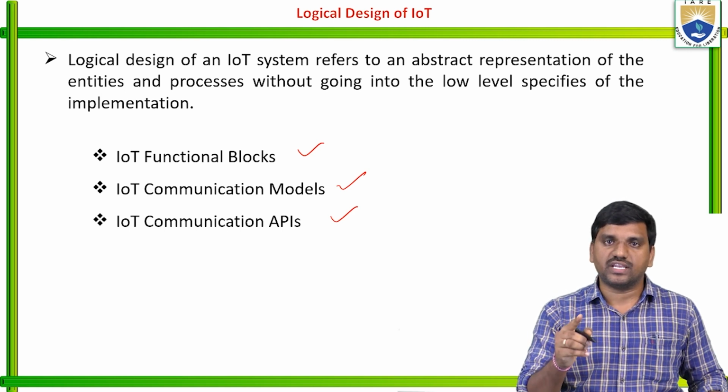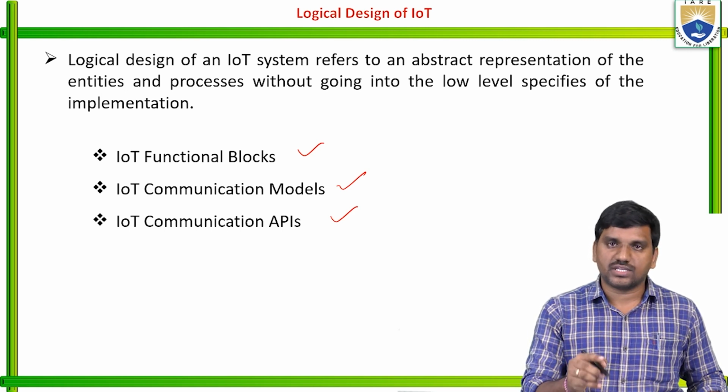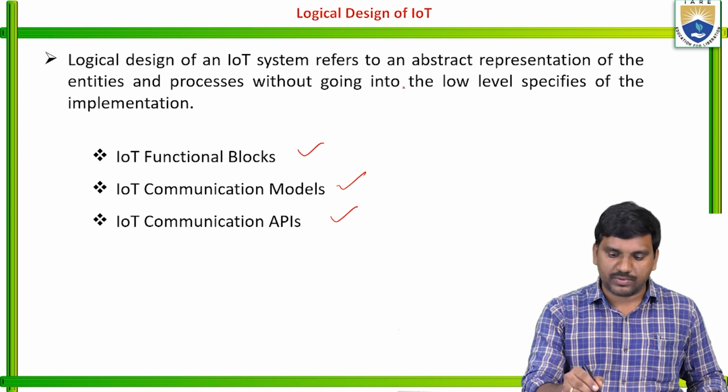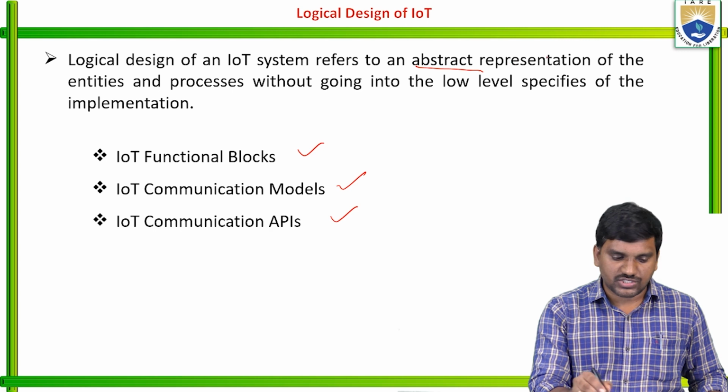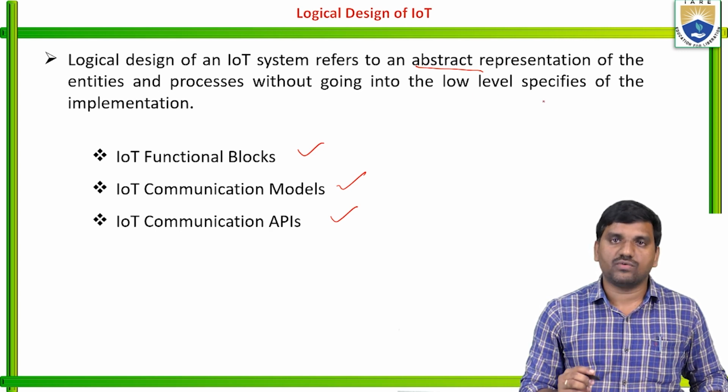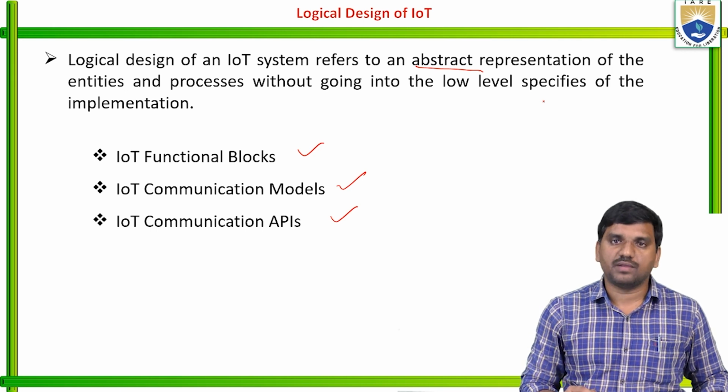These are the 3 very important parts. The logical design of an IoT system refers to an abstract representation of the entities and processes, without going into the low level specifics of the implementation.